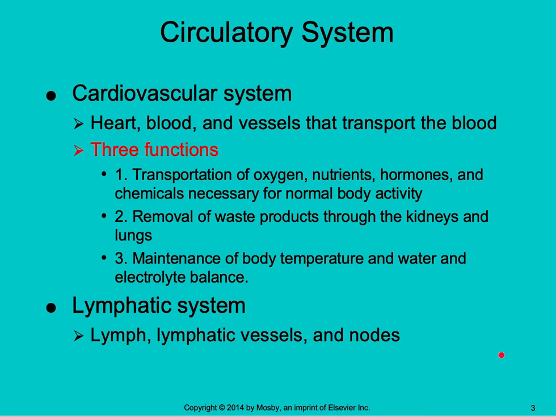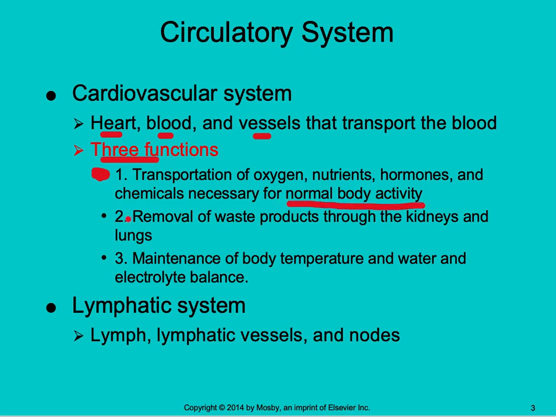So, circulatory system. This is something that you're going to have to know, the entire circulatory system and lymphatic system. The cardiovascular system, the heart, the blood, and vessels that transport the blood, has three functions. Function one is transport of oxygen, nutrients, hormones, and chemicals necessary for normal body activity.